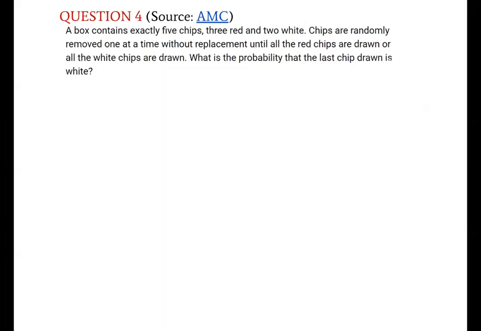So first of all, if you want the last chip drawn to be white, then basically all the white chips will be drawn in the first four. So that just means that your last remaining chip has to be red, and you don't necessarily have to draw it or not.